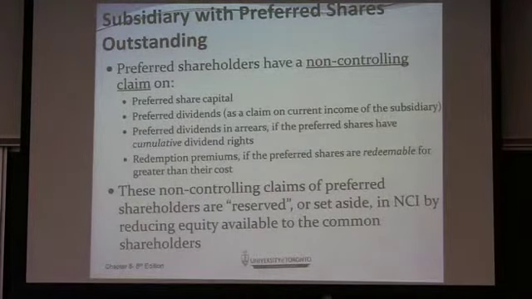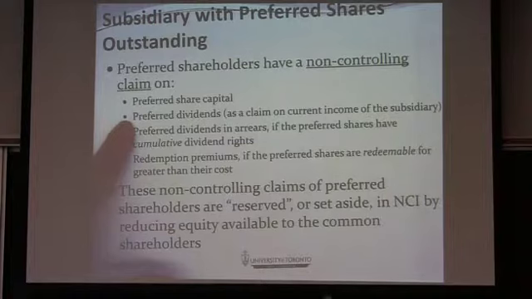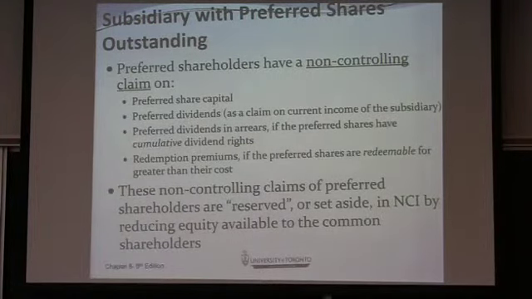We also want to allocate their proportionate share of the dividends and claim on current income of the subsidiary. And if there are any preferred dividends in arrears, assuming they have preferred dividend rights or cumulative dividend rights, we also need to account for that as part of their non-controlling interest claim of the subsidiary.